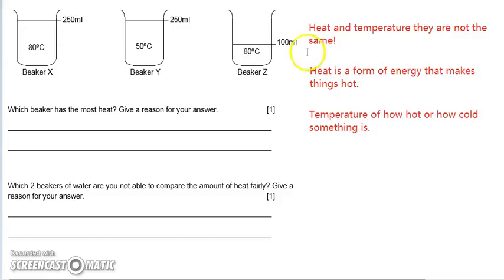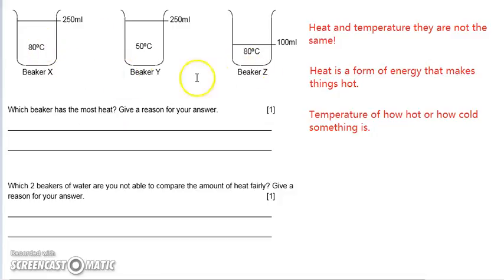Even though heat and sugar are two different things, in case you really can't understand the difference, just remember that lesson that we've had about heat and temperature. Now, which beaker has the most heat?